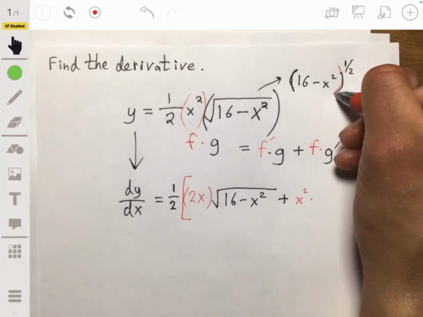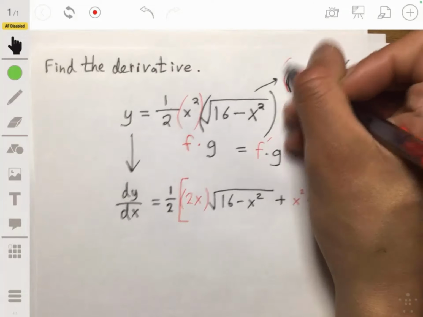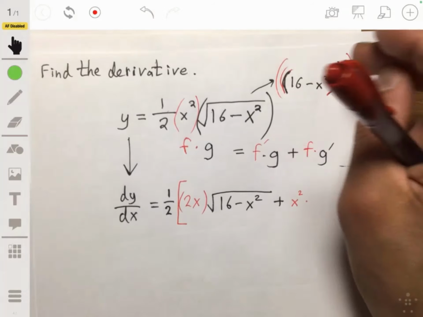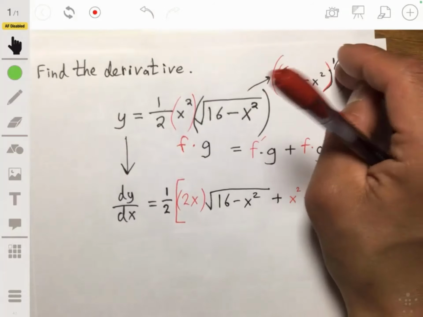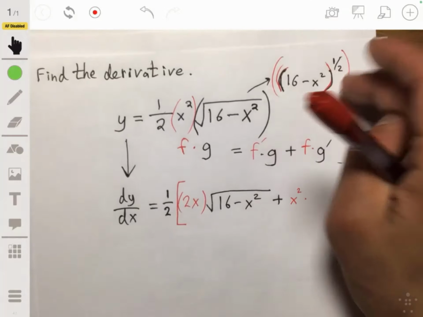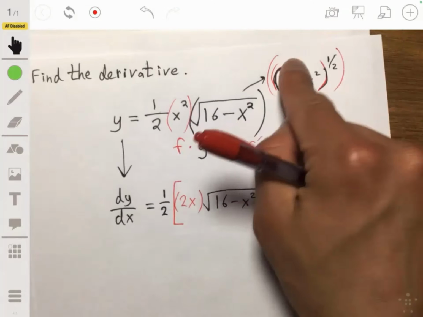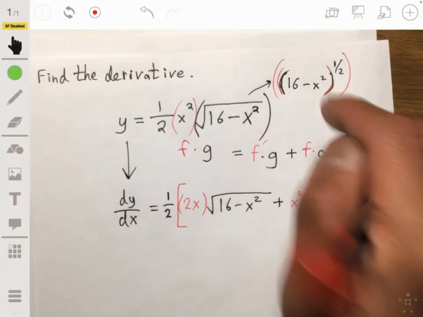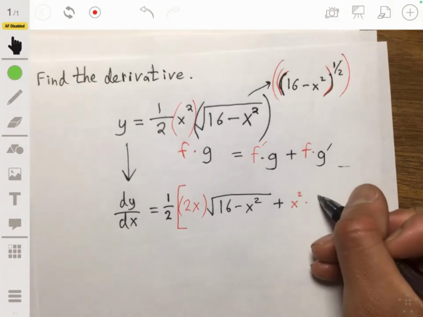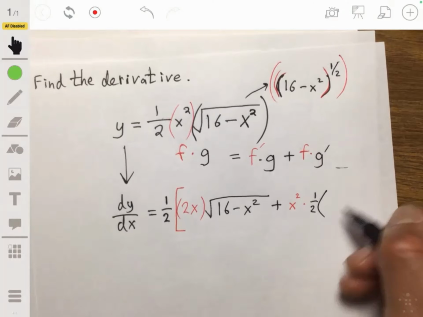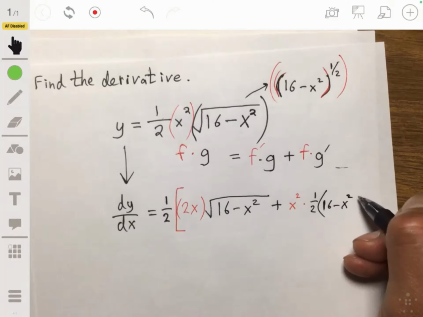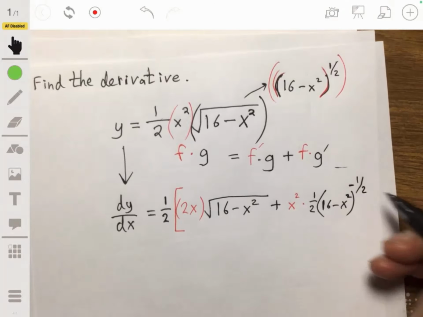So then you can see you have an outside function, which is the power here. You're going to do the power rule, multiply by 1/2, decrease the power, and then you're going to multiply by this whole thing on the inside. So for example, we're going to have that times 1/2 times 16 minus x squared to the negative 1/2.